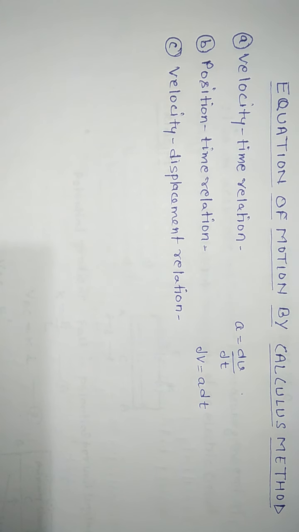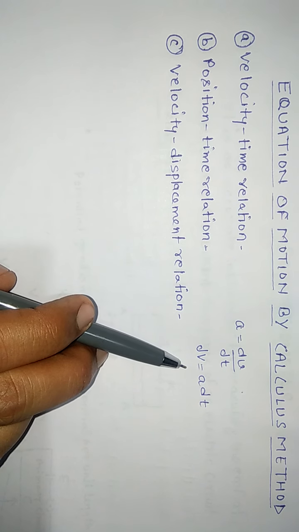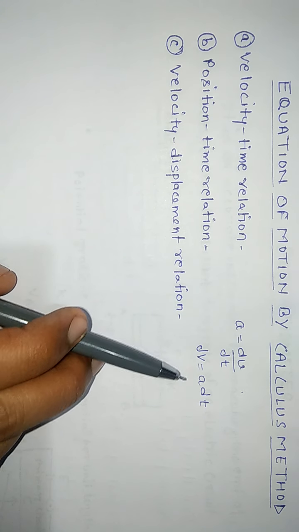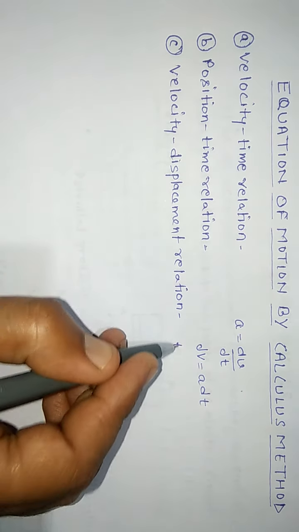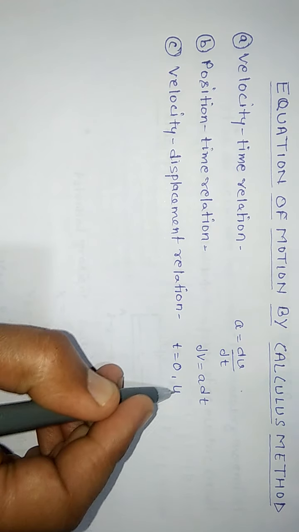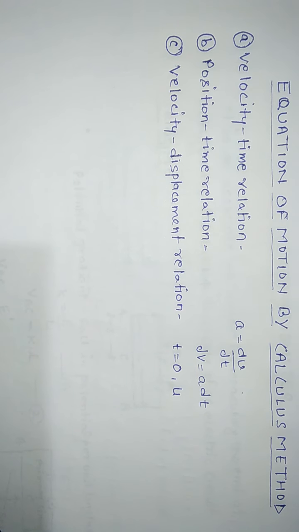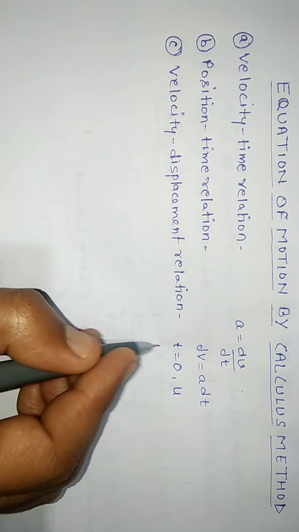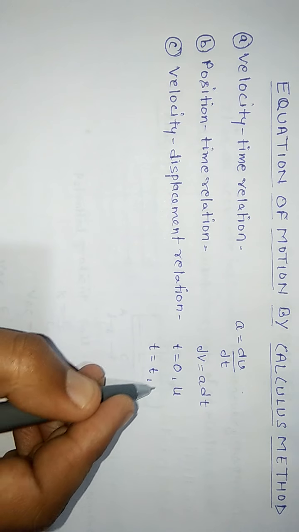Now suppose that the velocity of the object at time t is equals to 0 is u, and at time t is equals to t the velocity becomes v.